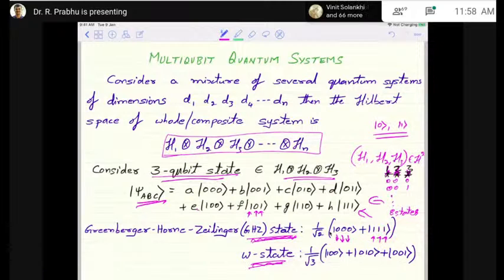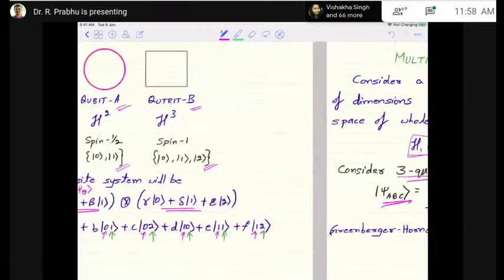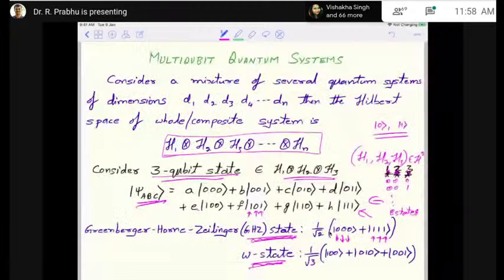If such a superposition state is considered, then that one is called the Greenberger-Horne-Zeilinger state. And when one of the particles has the opposite spin compared to the others, and you take the permutations of those possible states, such permutations of the particles, where one of them is in the opposite state compared to the others, and their superposition, is called the W state.